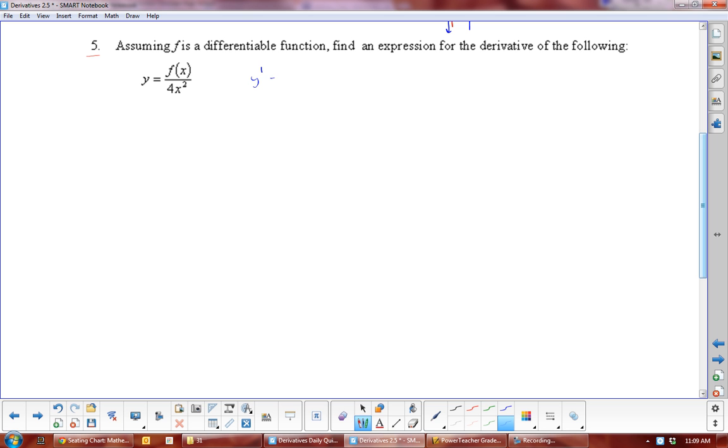So y prime is low, d high would just be f prime of x, minus high, f of x, d low, would be 8x, all over 4x squared, squared. Okay, let's just go and try and simplify this a bit.